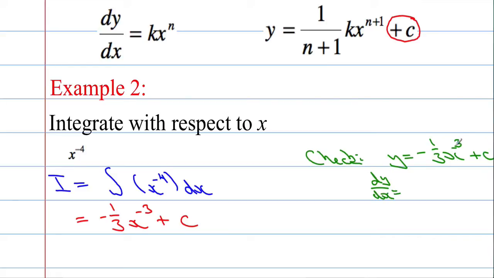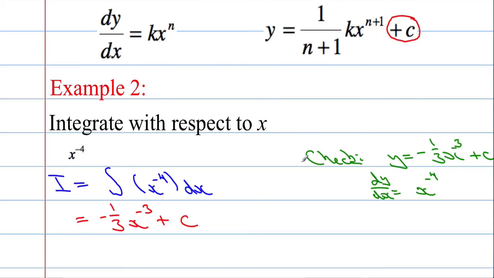Well, negative 3 is going to come down in front, so I'll have negative 3 times negative 1 over 3, which would give me a positive 1. I'm going to have x. I need to reduce that power by 1, which would give me a negative 4. And the derivative of a constant is 0. So dy by dx equals x to the negative 4, which is what we had to begin with.